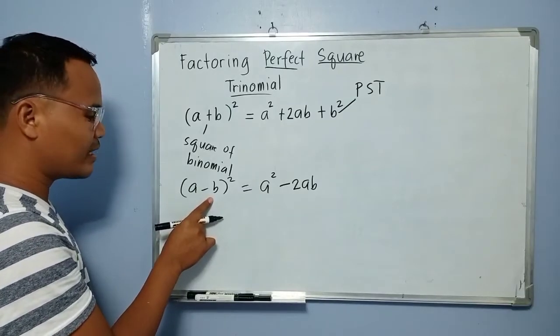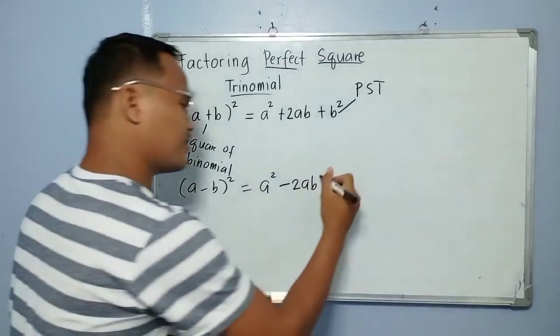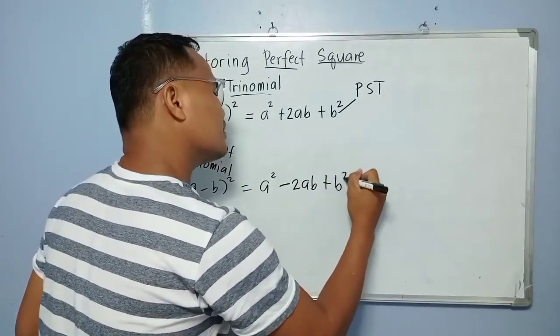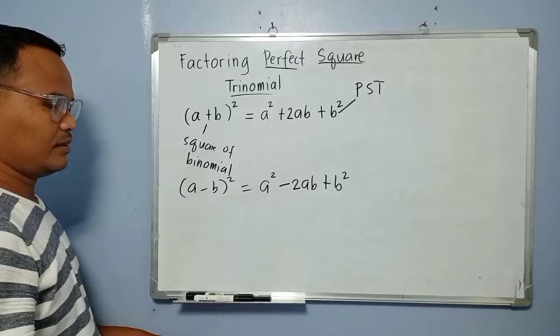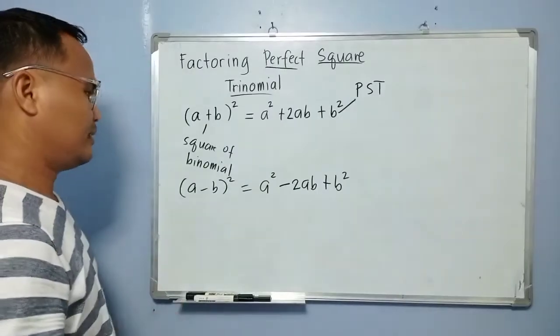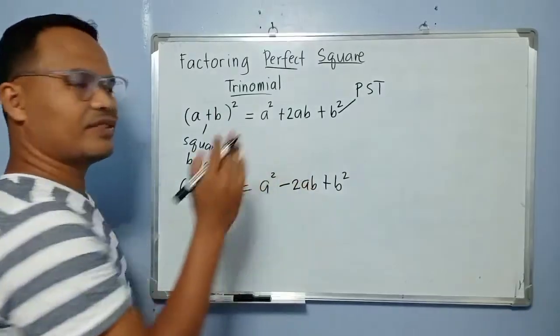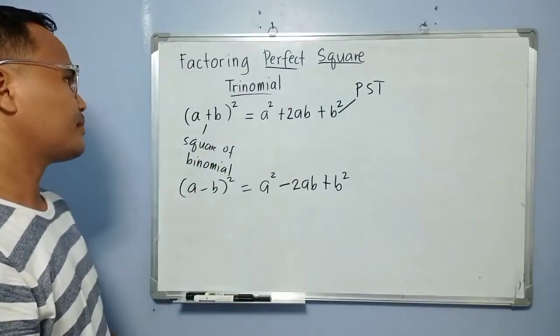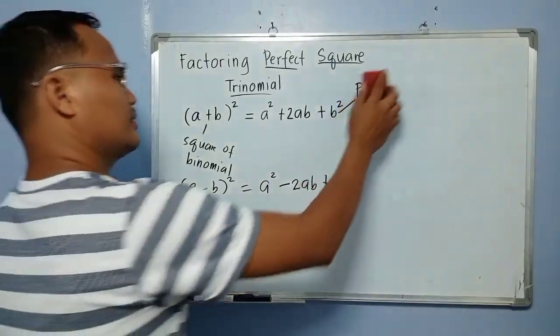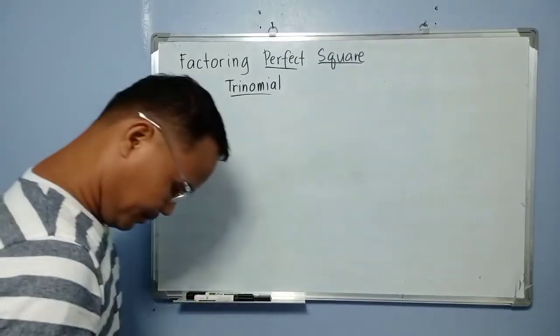The second term here is negative b, so squaring negative b gives positive b squared. So that's the process: a square of a binomial will become a perfect square trinomial.